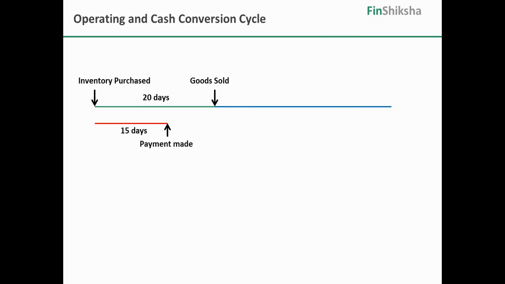It took me another few days to collect the money. Fine. So money got collected somewhere here after 30 days. Just like our previous example, whatever I sold, money came to me after 30 days. This is where the money got collected. Fine, money is received.